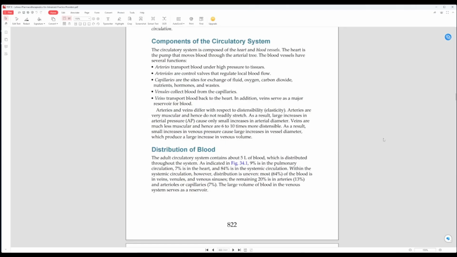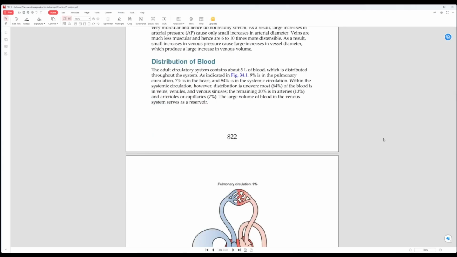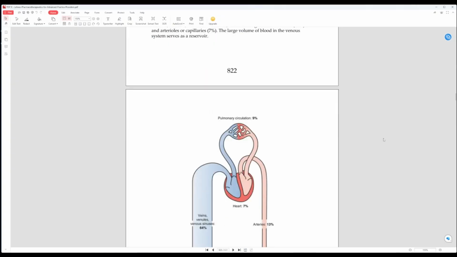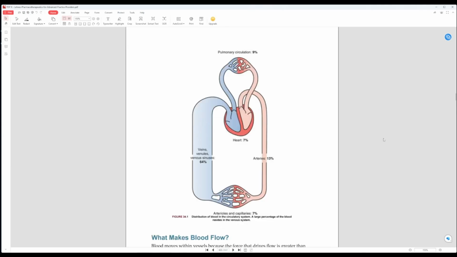Most, about 64% of the blood, is in the veins, venules, and venous sinuses. The remaining 20% is in the arteries, 13% in the arterioles, and capillaries about 7%. A large volume of blood in the venous system serves as a reservoir. So here you see that kind of distribution of percentages, give or take.